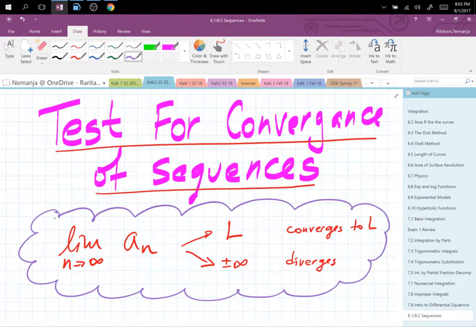This is the first test that you will be memorizing out of 11 tests in chapter 10. You remember that you memorized the formula for disk method, shell method, washer method, length of the curve, surface revolution, right? You memorized those formulas and then you use them. In this chapter, you will be memorizing these tests. Each test will have its name and the way how it's done.